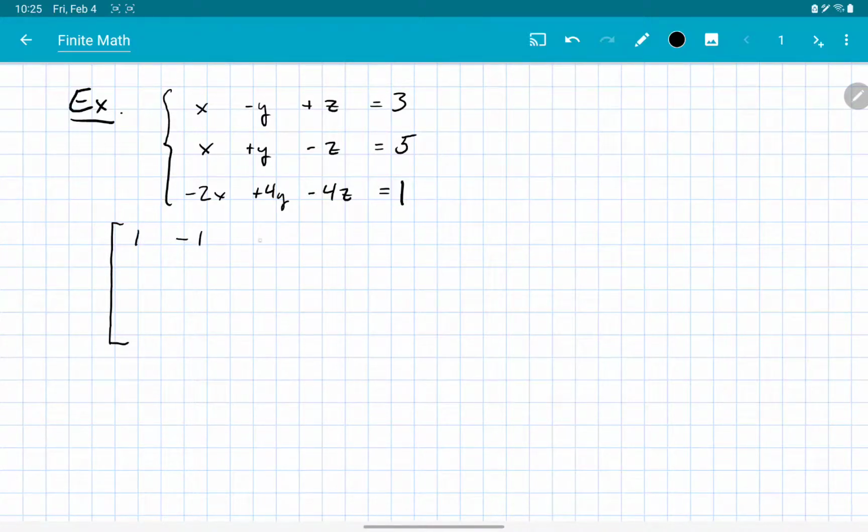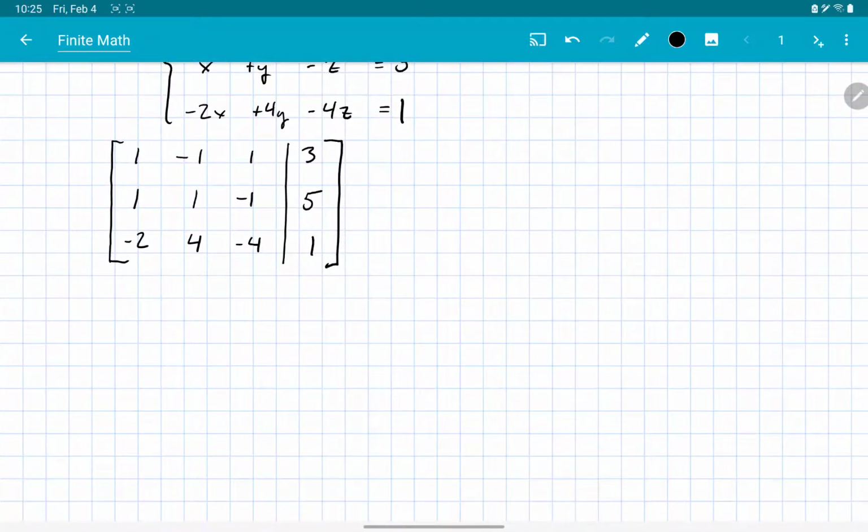1, negative 1, 1, 3, 1, 1, negative 1, 5, negative 2, 4, negative 4, 1. So there's my matrix. Okay, you know, it's not canonical how you start doing this. Let's pivot around this 1 here because it's already a 1, right? Like we want the top left entry to be 1 anyway, so we may as well pivot around this 1 here.